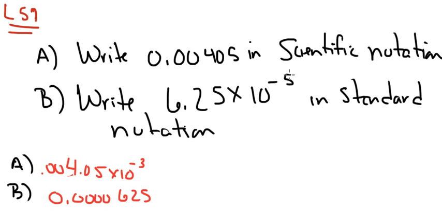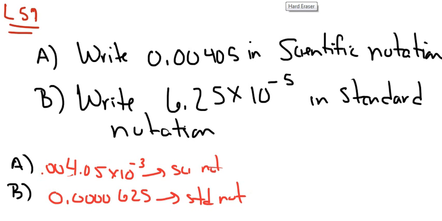See the 5 up here. It's telling us to go back 5 places. We go 1, 2, 3, 4, 5, and there we are. And then we fill it in with those 4 zeros. And that's standard notation. This is scientific notation. This is standard notation. Are we good? All right.